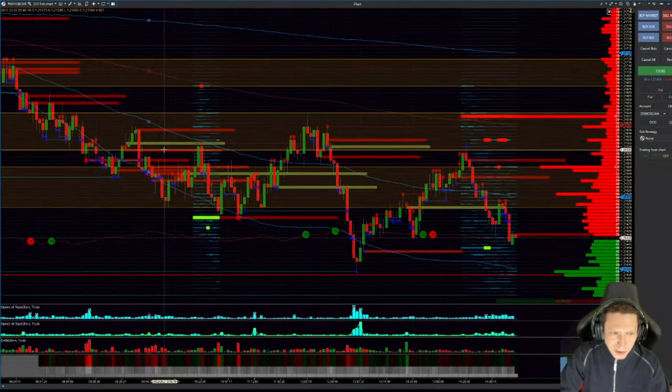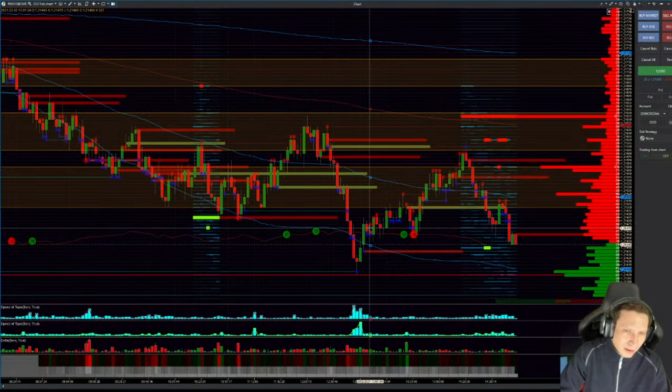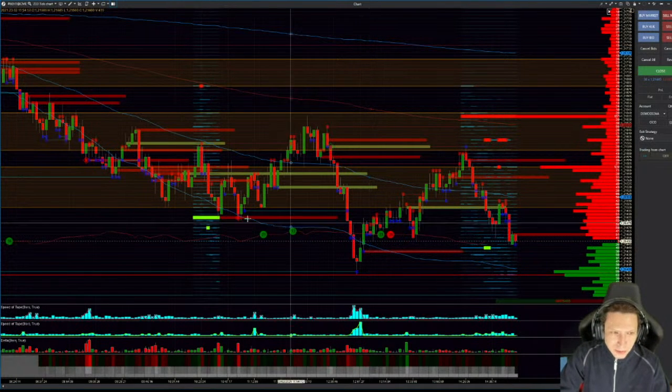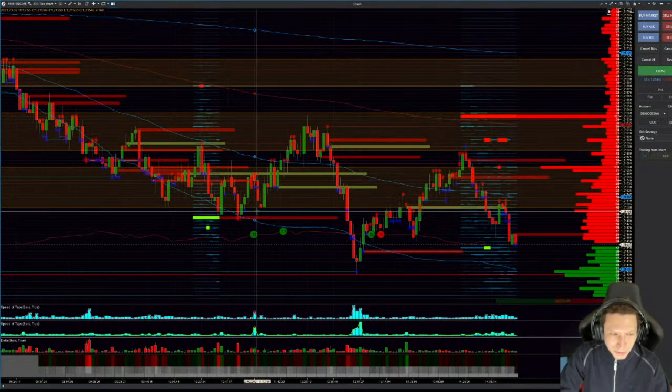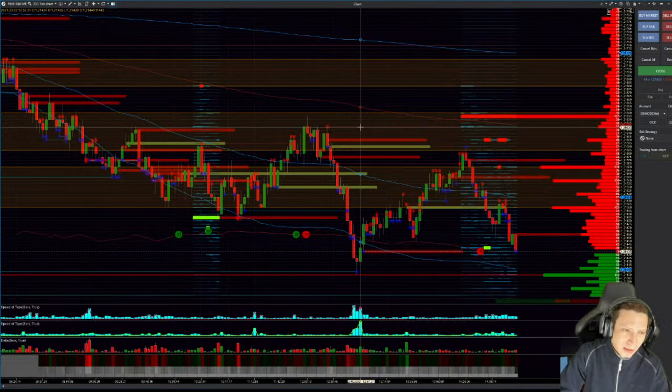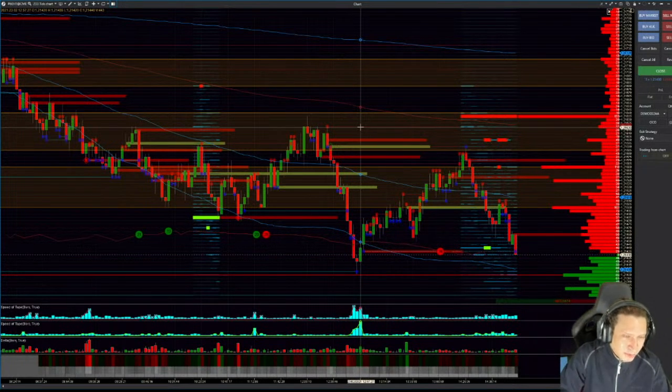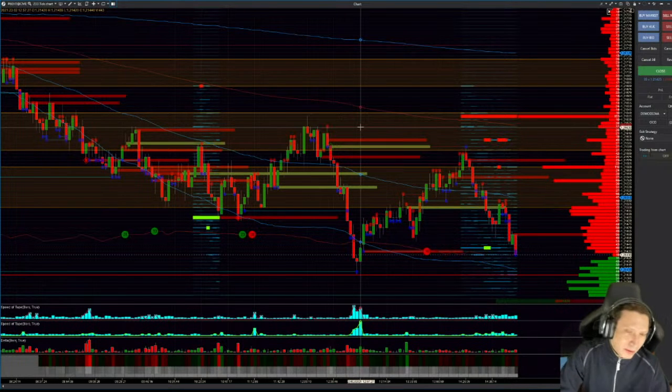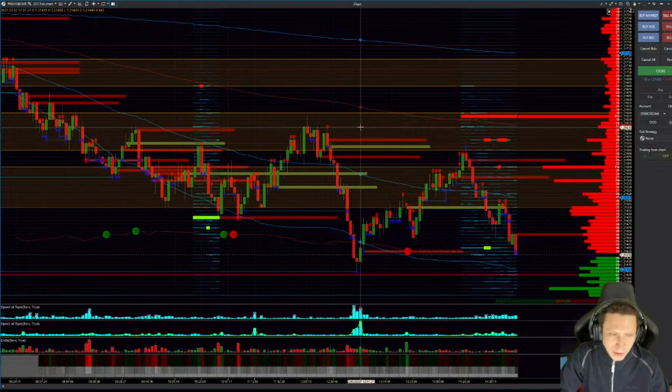Rotation, breakout, rotation, breakout. And somebody here, either at the top or the bottom, depending on the direction the market goes, is losing money. And there's only one way to get out of the market: if you are selling, it's by buying; if you are buying, it's by selling. So if you're trapped, you need to get out.